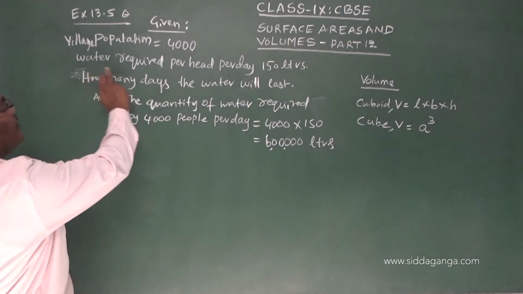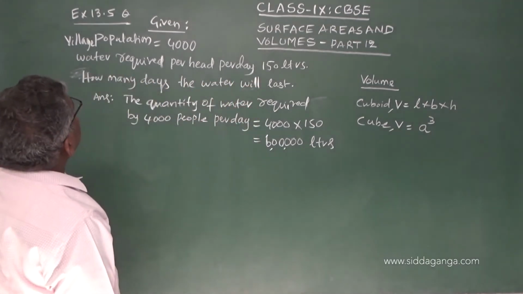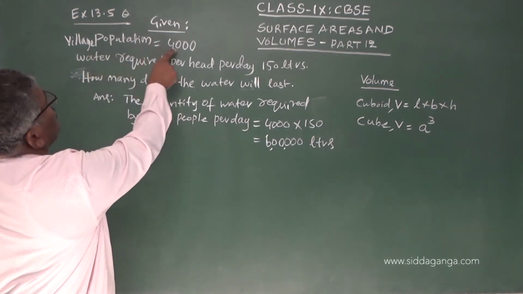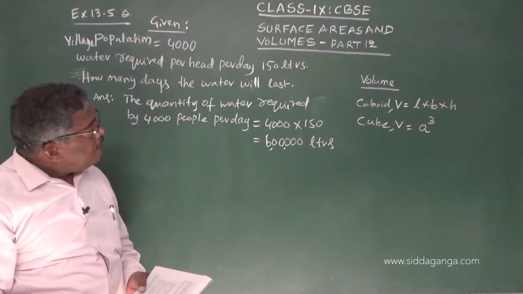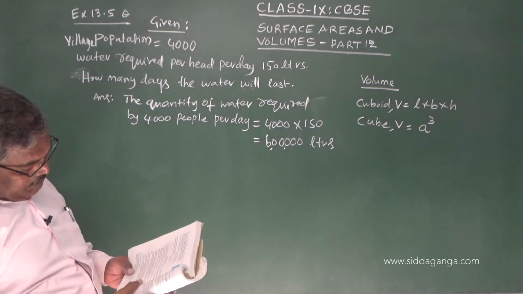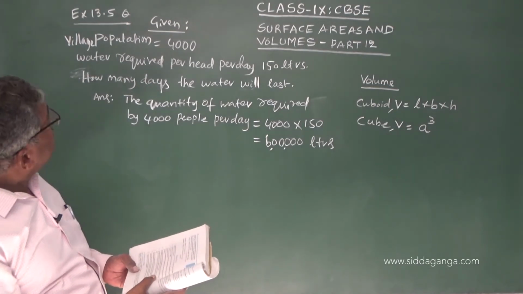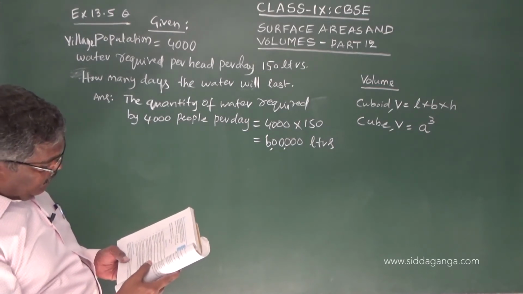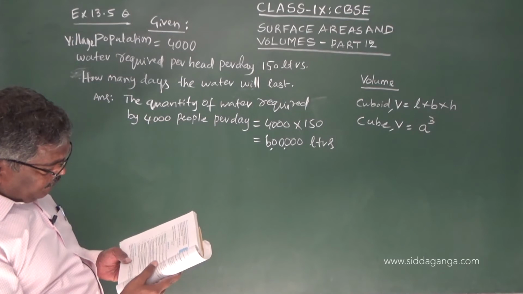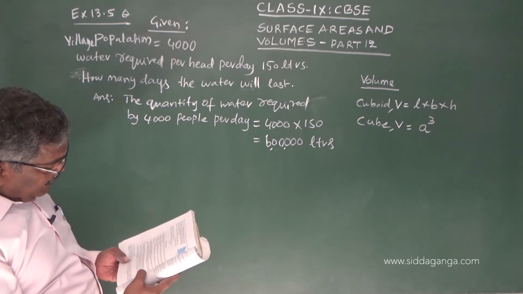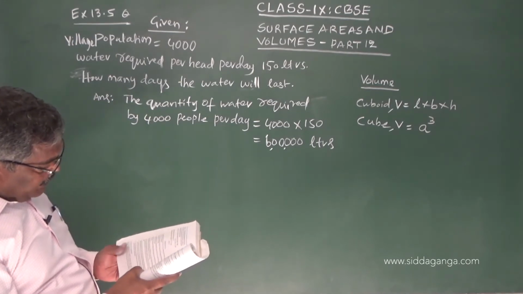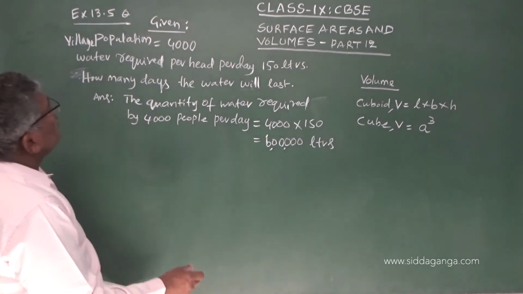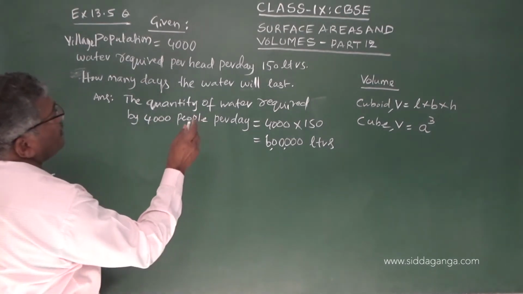And what is the capacity of the tank? The village population is 4,000 and requires 150 liters per day. It has a tank of 20 meter by 15 meter by 6 meter size.